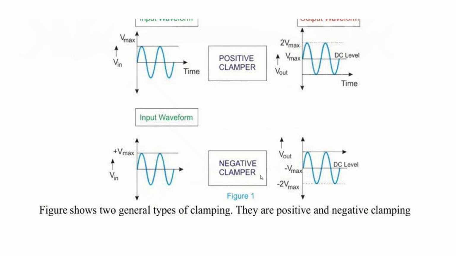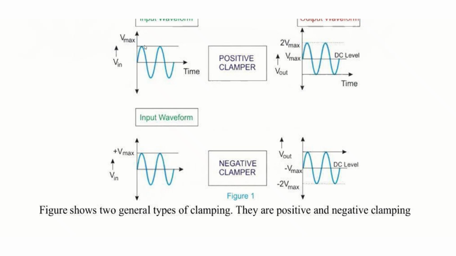Under negative clamping, the entire waveform is shifted downwards. In the case of clamping, only the y-axis coordinates, that is the DC level, are shifted. The peak to peak voltage remains the same.